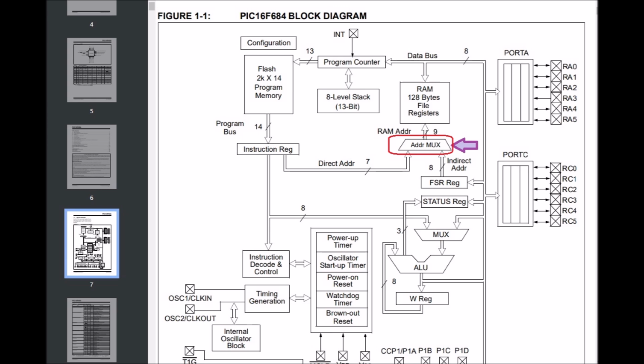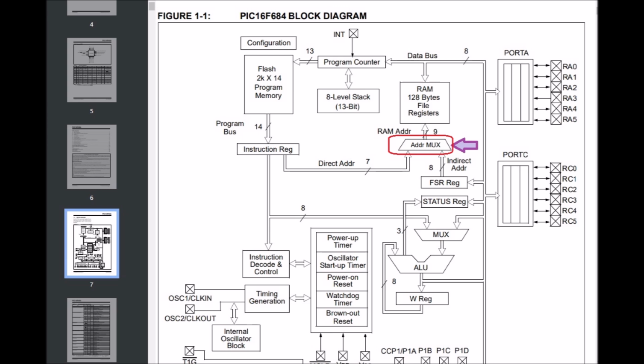This component plays a crucial role in managing the addresses sent to the program memory and other memory components within the microcontroller. Here's a detailed explanation of the address multiplexer.